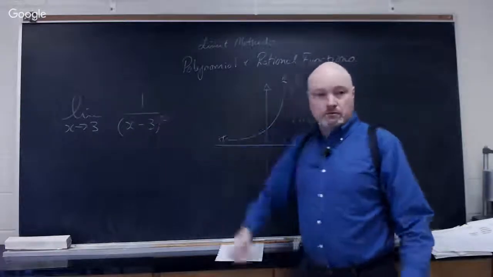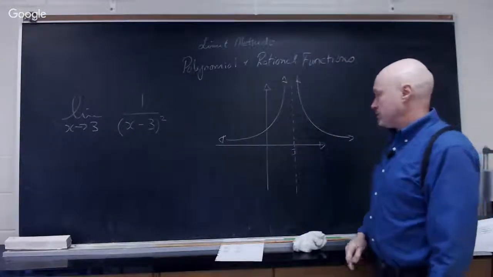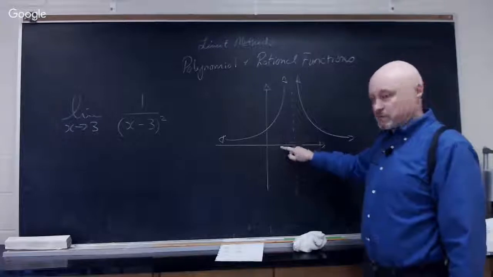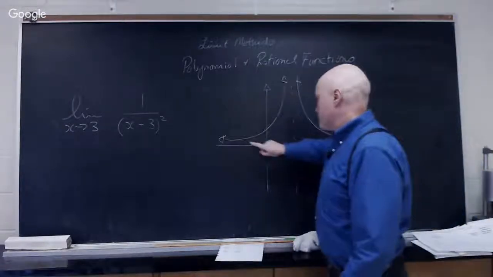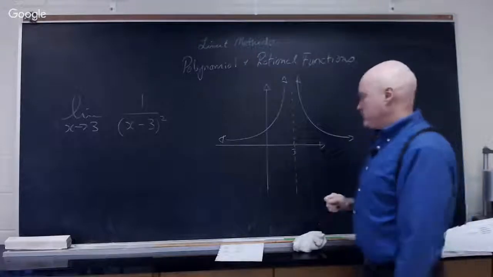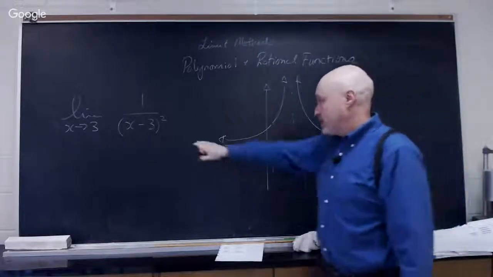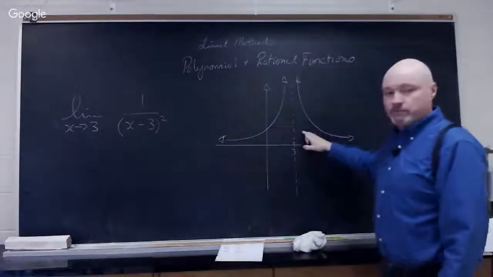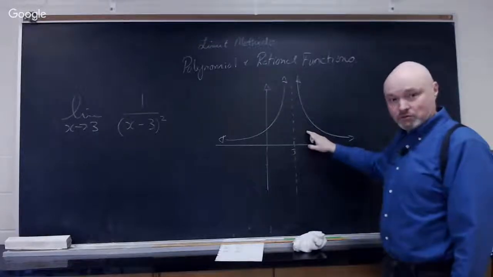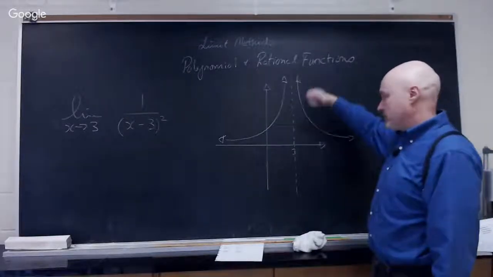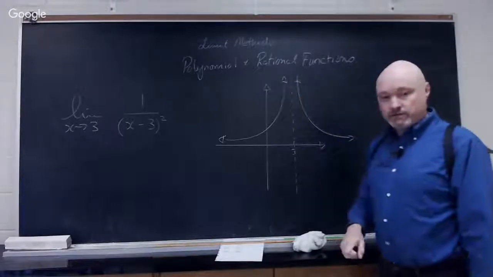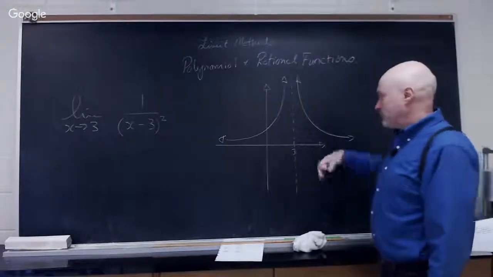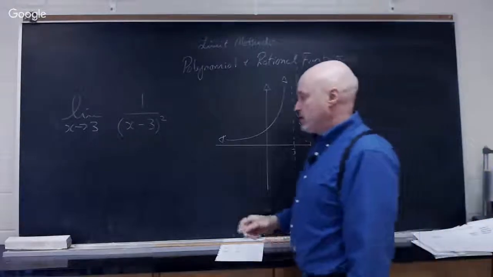But the bottom is always positive. This expression is always positive. As x gets really, really close to 3, like 2.99999, this is going to become a really big value. And then when x is just a little bit greater than 3, like 3.000001, it's going to be a really big value. So as we approach 3 from below, this thing heads for positive infinity. As we approach 3 from above, this thing heads for positive infinity.